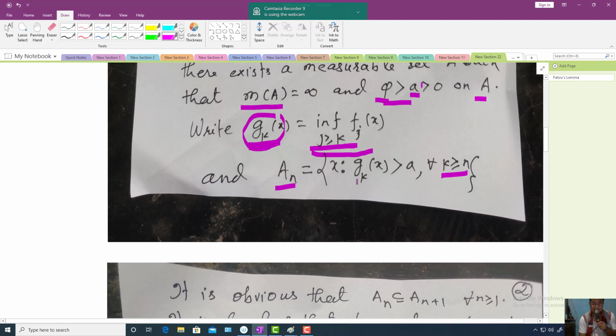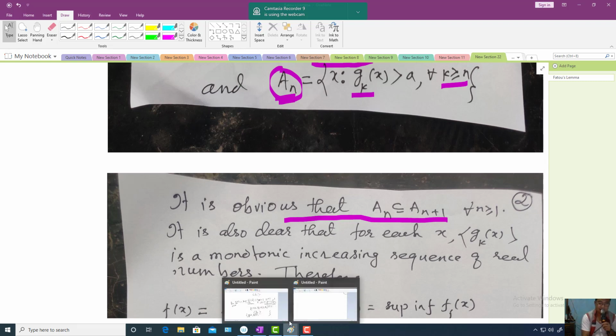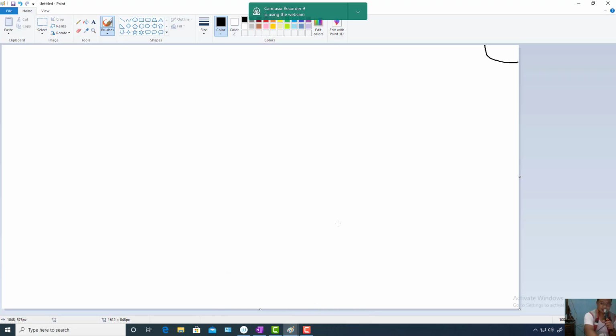Then since gk is a measurable function, this An is also a measurable set. And then it is obvious that An is a subset of An plus 1. Why is An a subset of An plus 1? Let us see. Also this one I will explain. What is An?